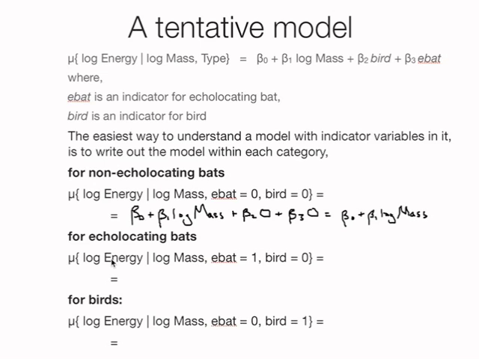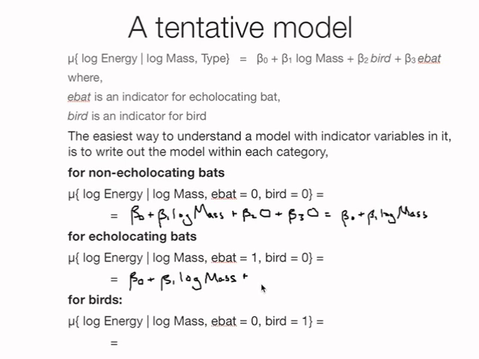And we can repeat those steps for the other two categories. For echolocating bats, the echolocating bat indicator variable will take the value 1, and the bird indicator variable will take the value 0. We'll find we have a beta 0 plus a beta 1 times log mass plus beta 2 times the bird indicator variable.